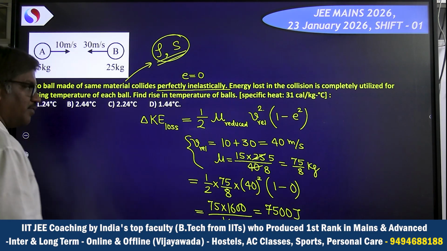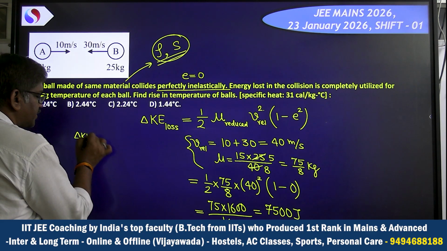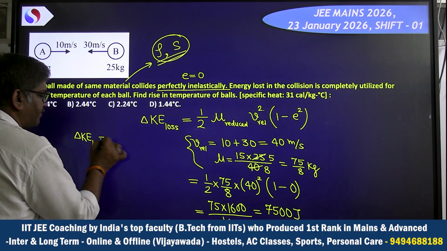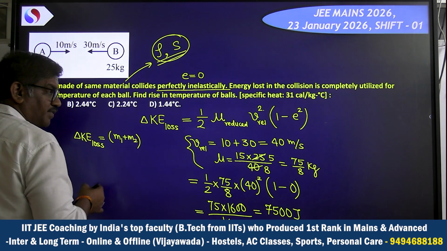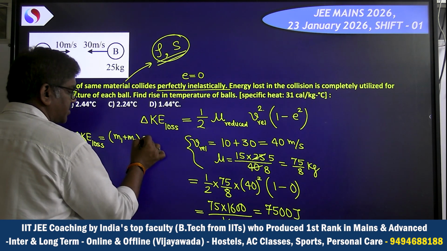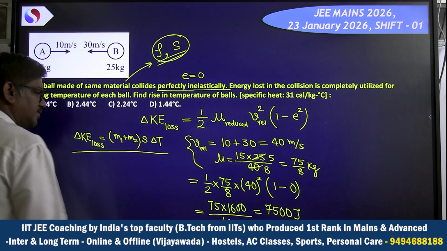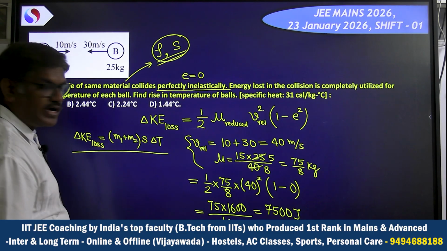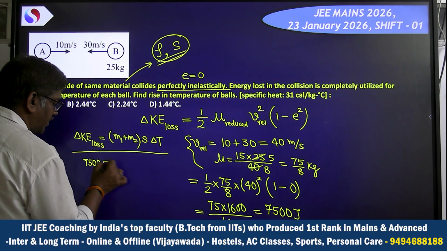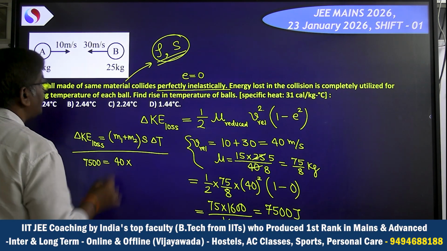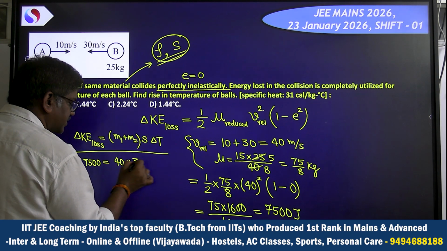And now both the bodies are combined. So this energy will be used to raise the temperature. That means it is equal to (m1 plus m2), the total mass, both of the same material, so their specific heat capacity is the same, into delta T. This energy loss will be used to raise their temperature, delta T. That means 7500 equals total mass 40, that is 15 plus 25, into specific heat capacity, given to you as 31.